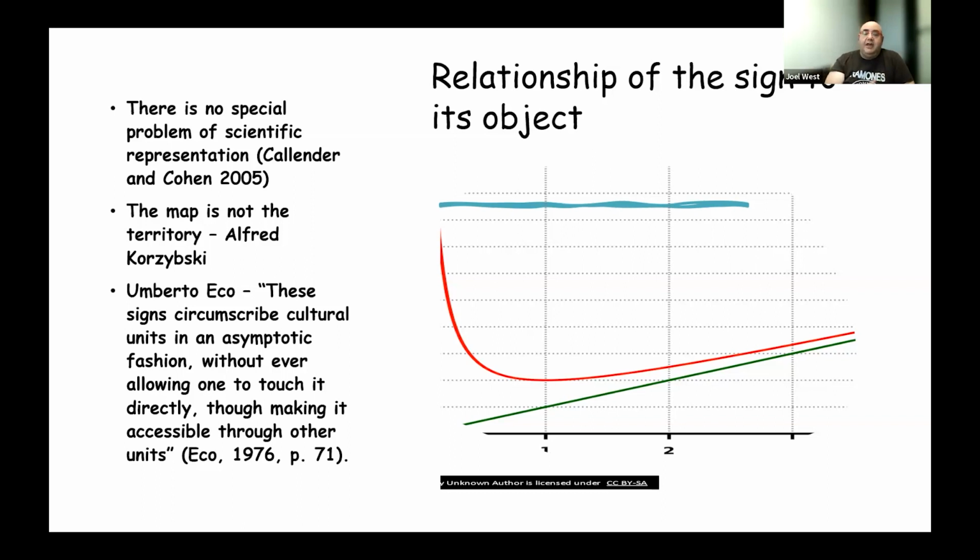But specifically, I also want to mention that I don't believe that there's a specific problem of scientific representation. So many folks will say, well, we have a model, but is it a scientific model or another kind of model? Is it a scientific symbol or another kind of symbol? And that doesn't matter. A symbol is a symbol.